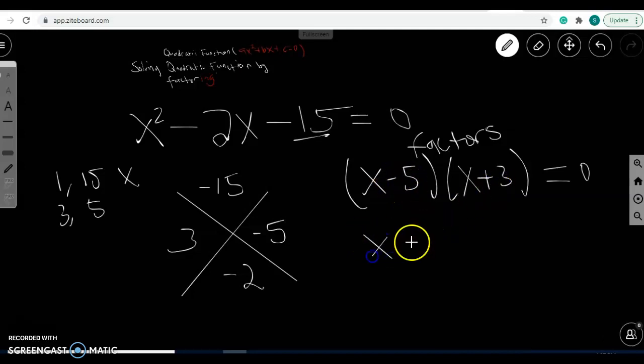So it's just going to be x equals 5, or x equals -3. So this will be the solution, or the zeros, or the roots, or the x-intercepts.